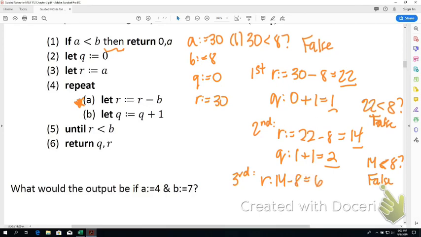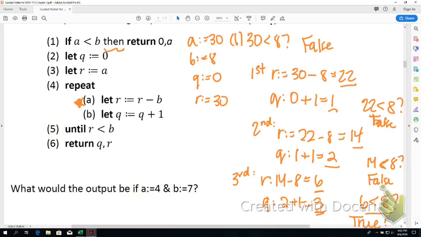And I get a 6. And then Q would be assigned as 2 plus 1, so I get a 3. And now let's check. Is R less than B? So R is 6, so is R less than B? B is still 8. This is true.